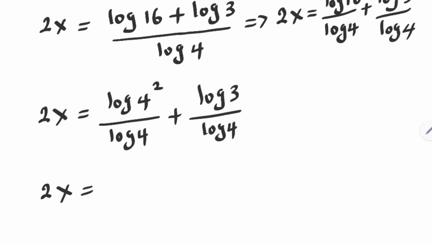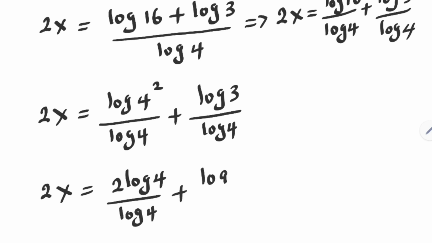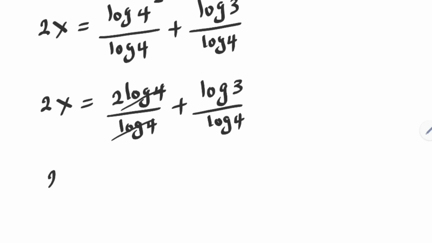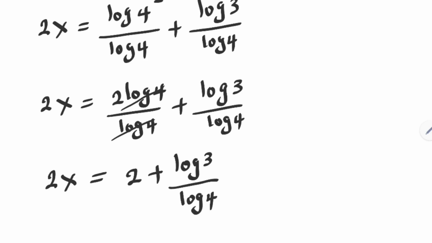Log 4 square can be written as 2 log 4 divided by log 4 plus log 3 divided by log 4. This log 4 cancels this log 4. 2x is equal to 2 plus log 3 divided by log 4.